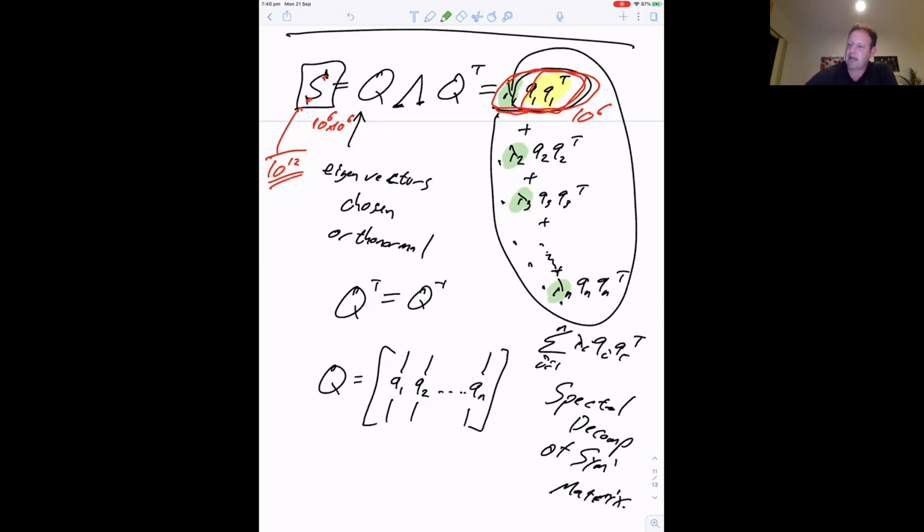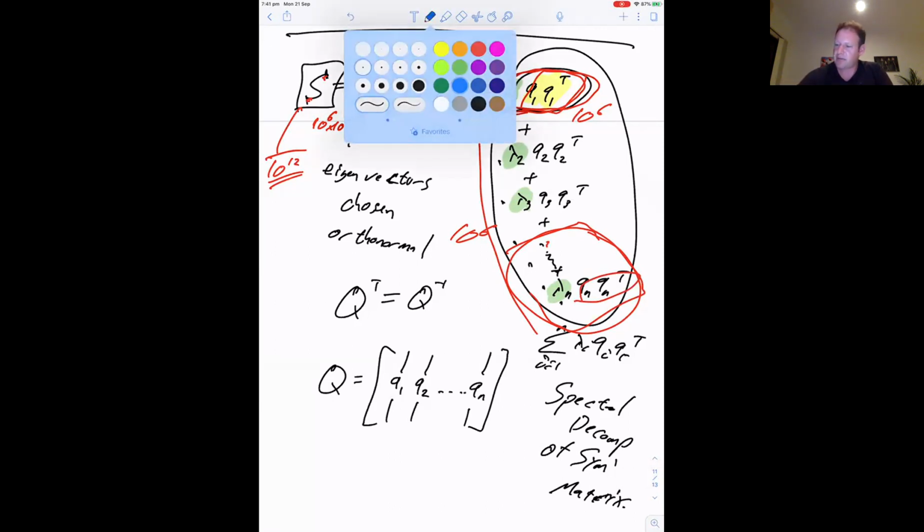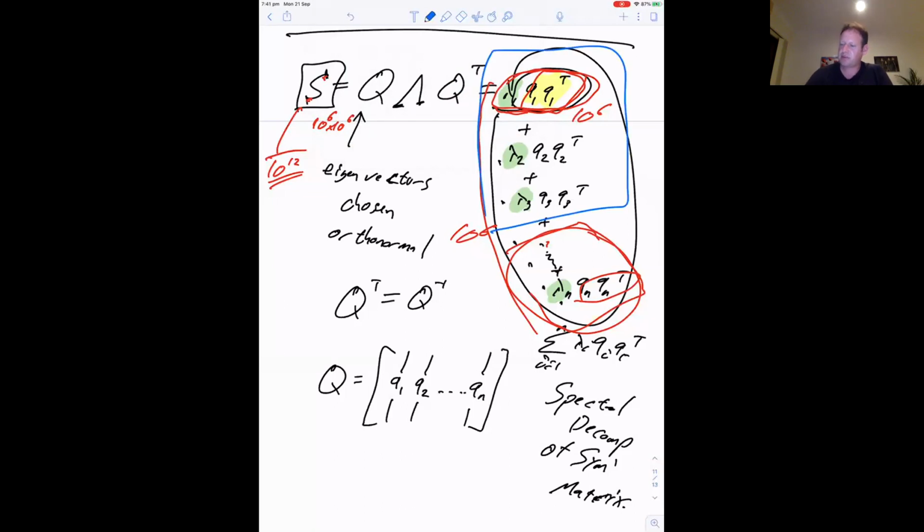By the way, there are like 10 to the 6 elements in this sum. It's a very big sum. But imagine that the eigenvalues towards the end are so small. You're basically scaling down these rank 1 matrices to a very small number. So if you want to truncate, to approximate, you just keep the first few: first 3, first 4, first 5, depending.